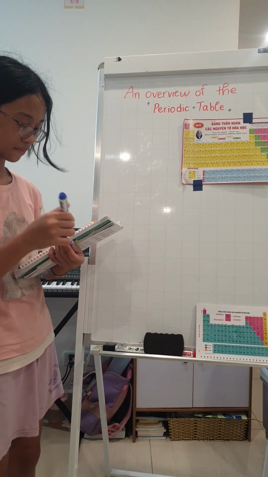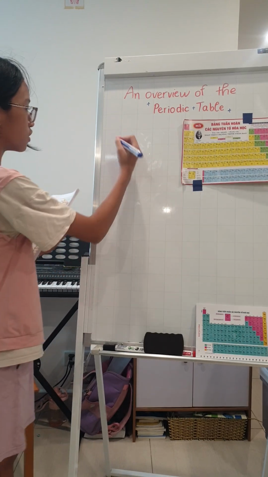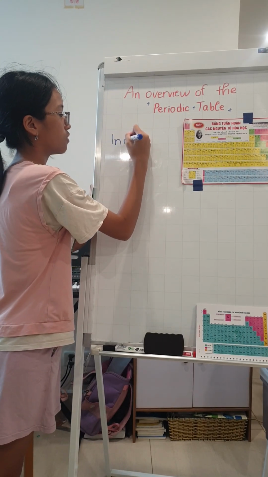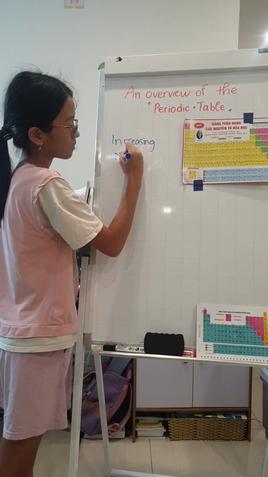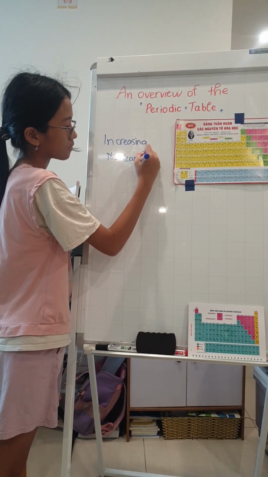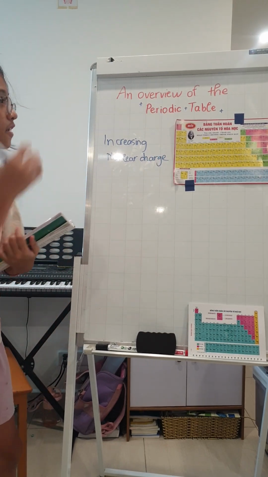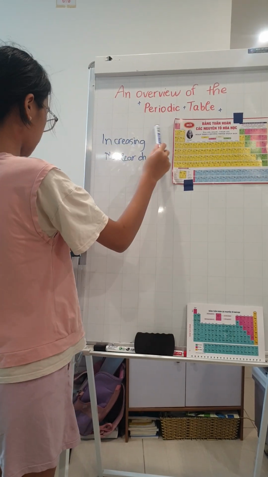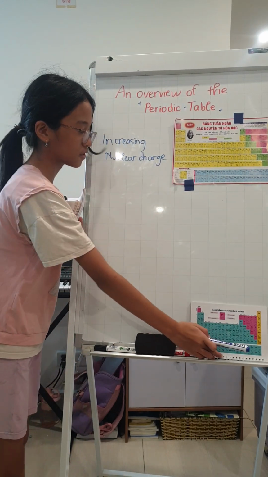Firstly, chemical elements are arranged in order of increasing nuclear charge. Remember, chemical elements in the periodic table, here I have two examples right now.